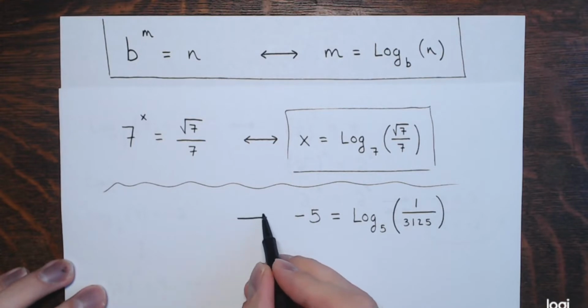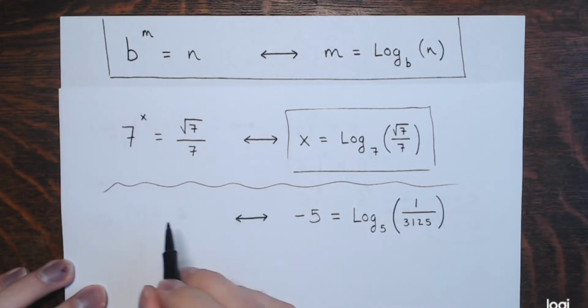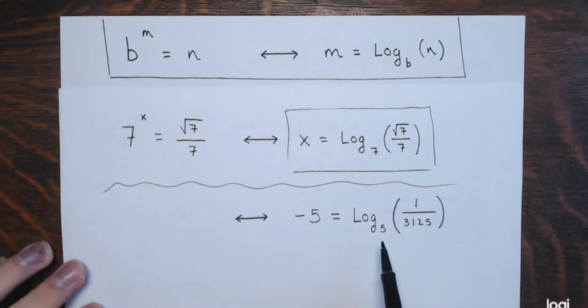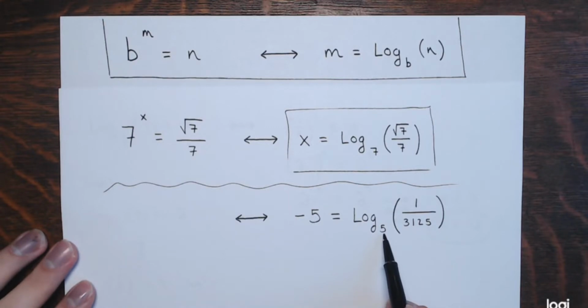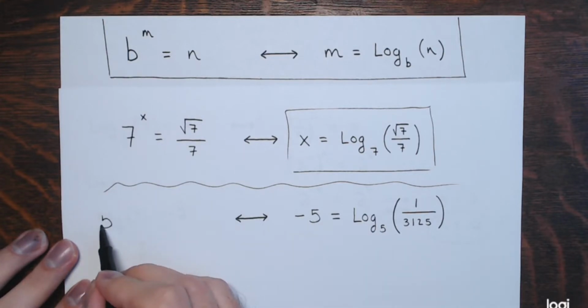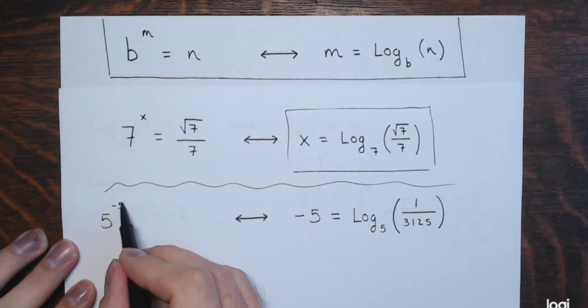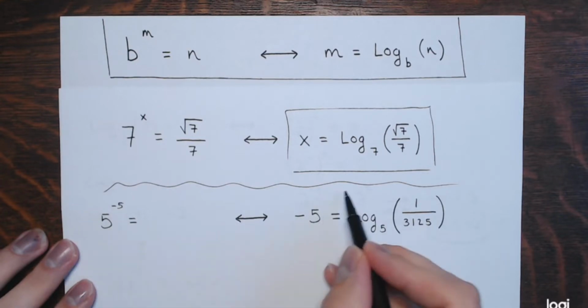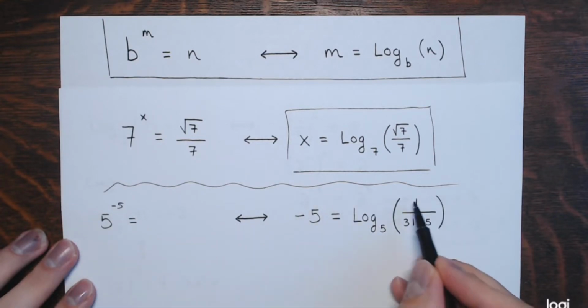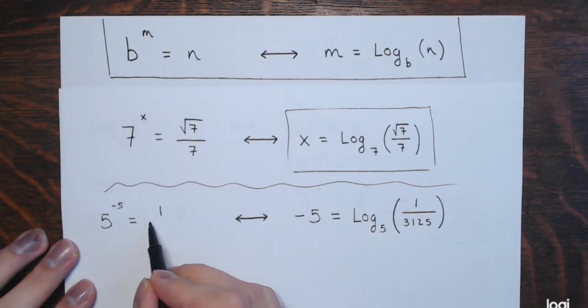So an equivalent statement in exponential form, remember this number here is the base, the little number underneath the log, the subscript. That's the base. What the log is equal to is the exponent. So 5 raised to the -5th power equals the argument, the input of the log, equals 1 over 3,125.